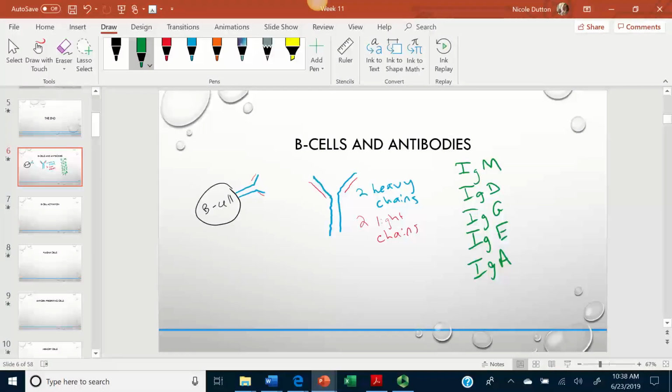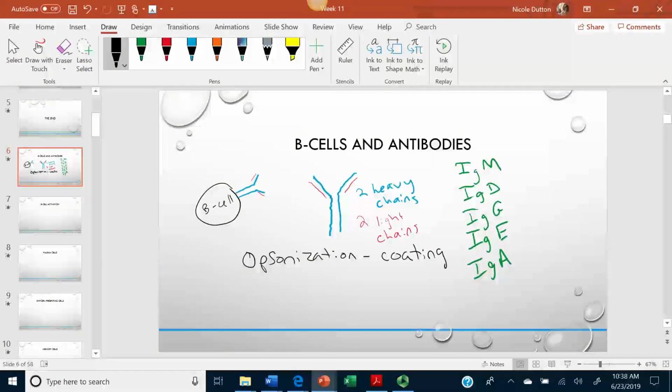What do antibodies do? Antibodies have 2 major functions: opsonization, which is coating, and agglutination, which is clumping.